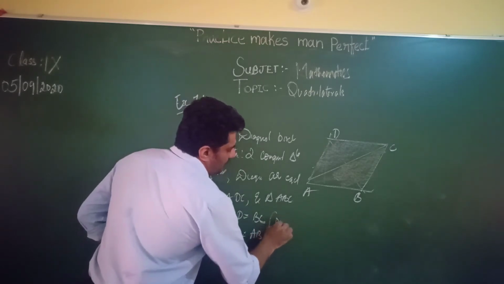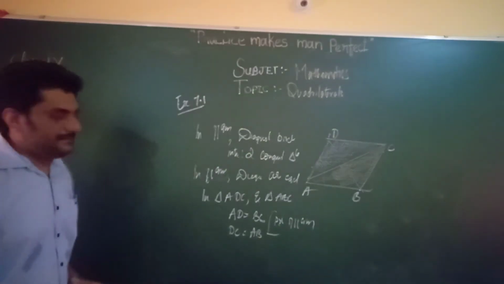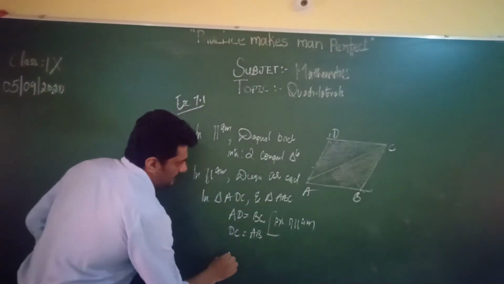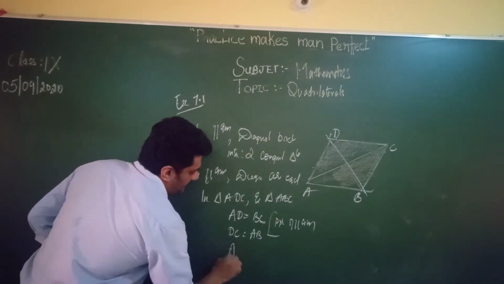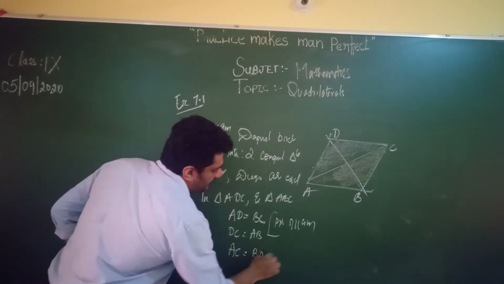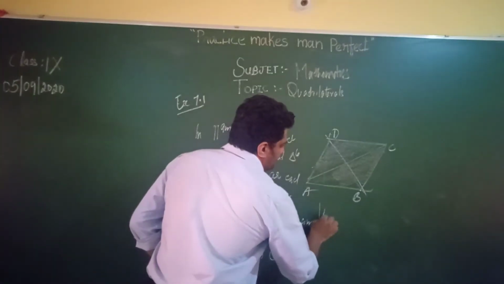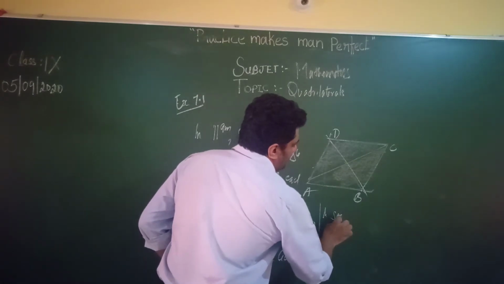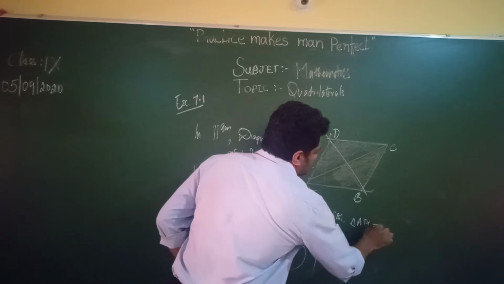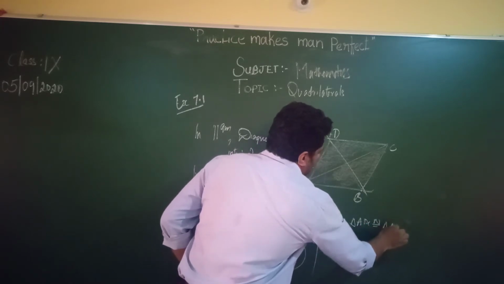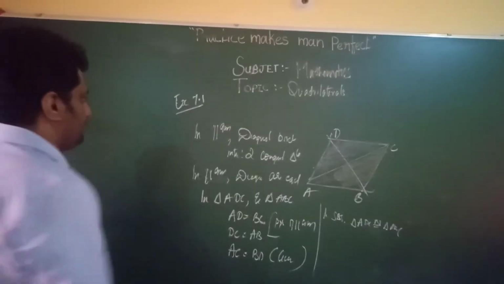This is a property of a parallelogram. Done? And then AC is equal to BD. Therefore, as per SSS, triangle ABC is congruent to triangle ABD. This is done.